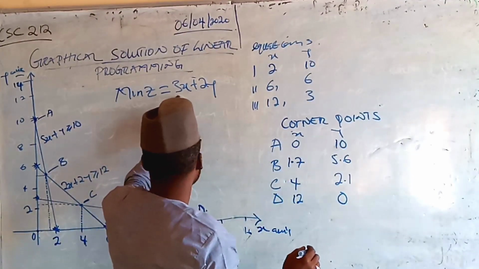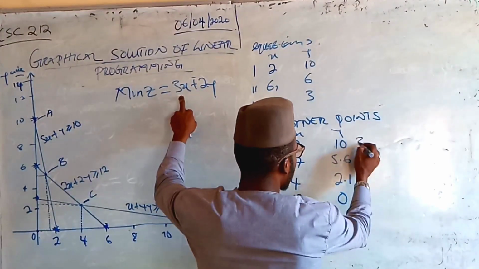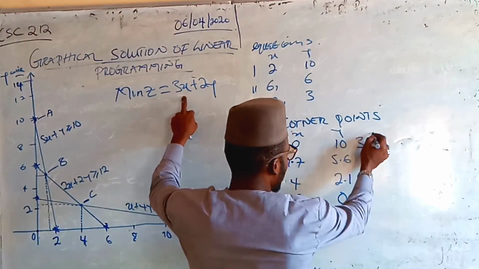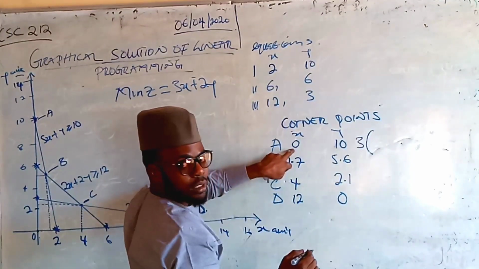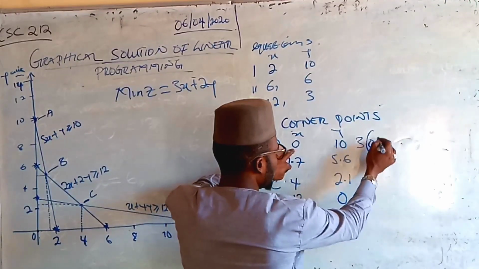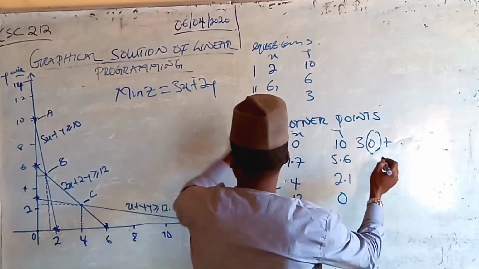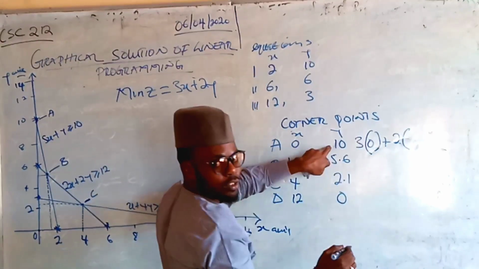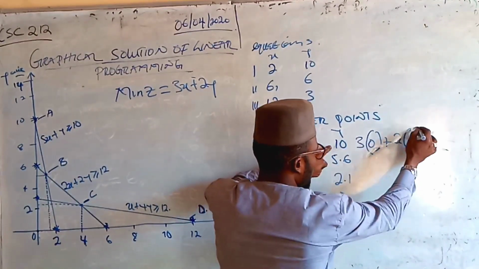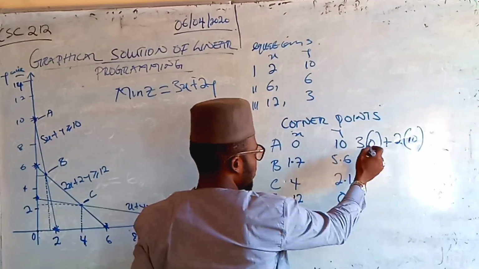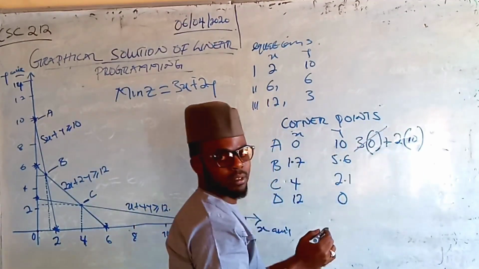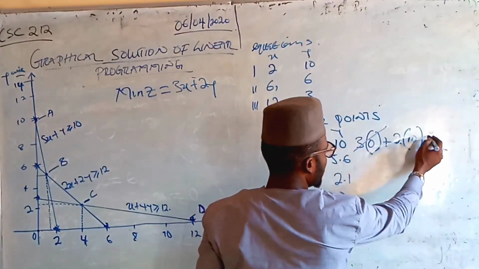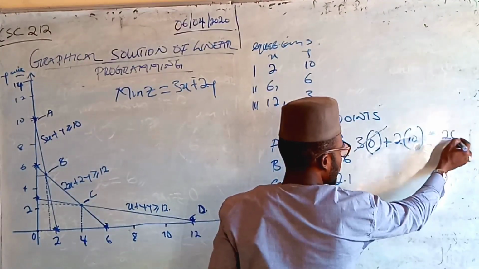Then our minimum Z is 3x, where the value of x is 0, plus 2y, where the value of y is 10. So 3 times 0 is 0. Then 2 times 10 is equal to 20.